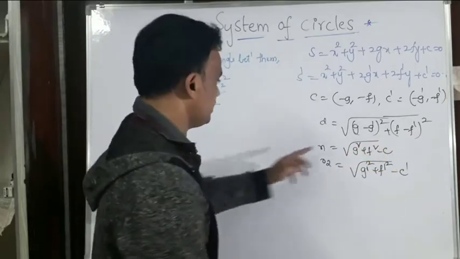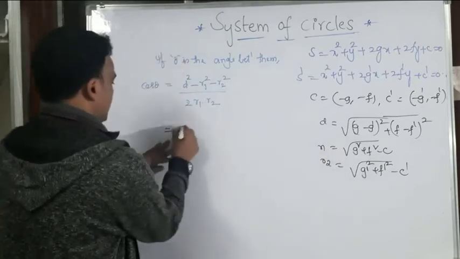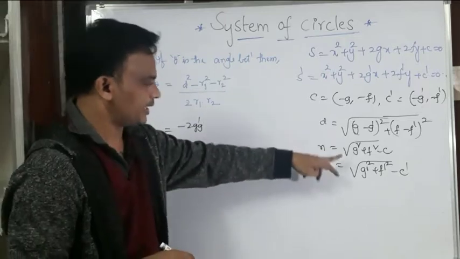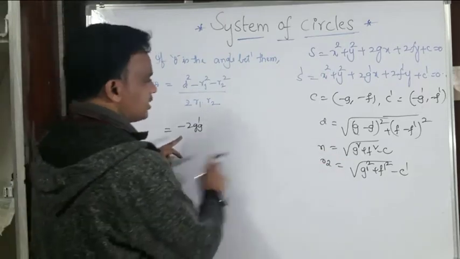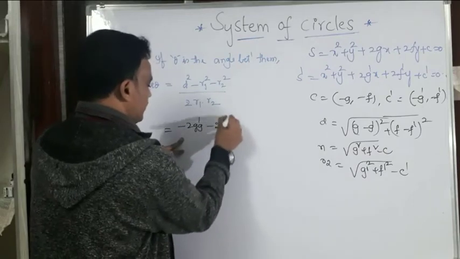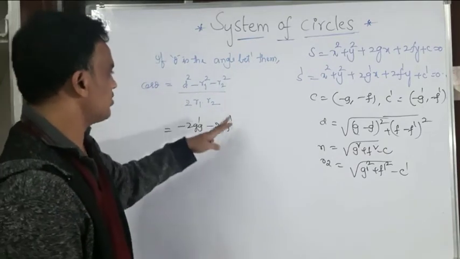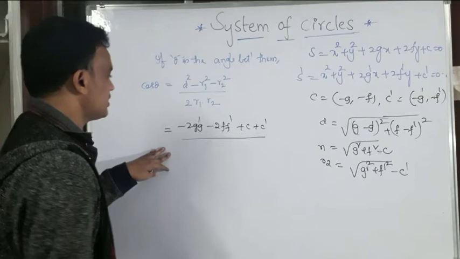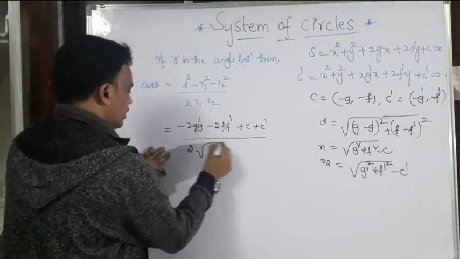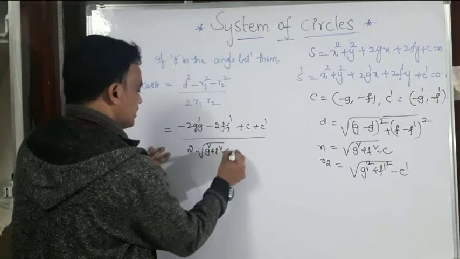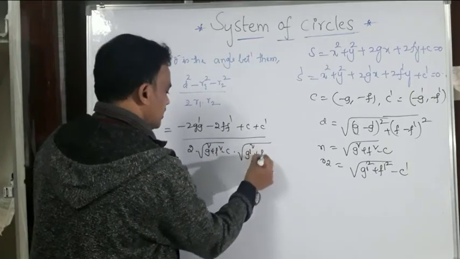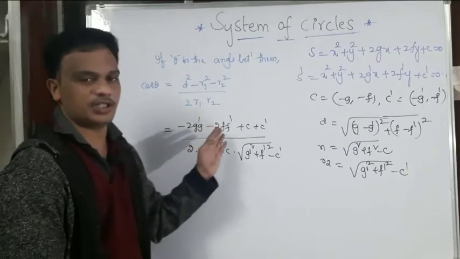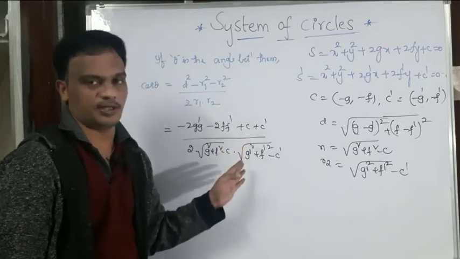So here you get minus 2g g dash minus 2f f dash minus c minus c dash, by 2 into R1, the square root of g square plus f square minus c, into R2, the square root of g dash square plus f dash square minus c dash. The same thing we can represent in terms of g, f, c, g dash, f dash, c dash.